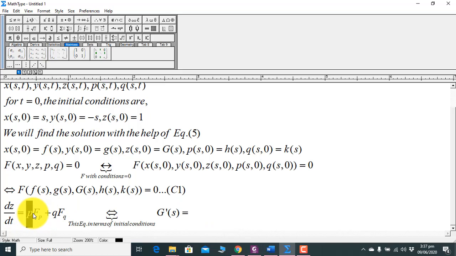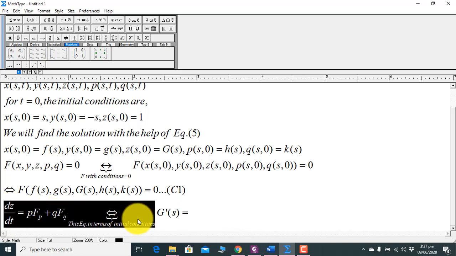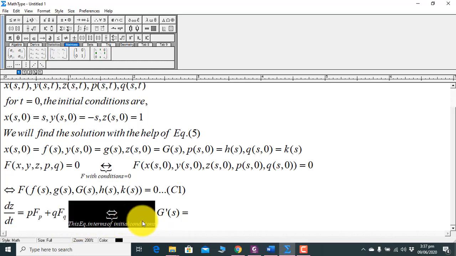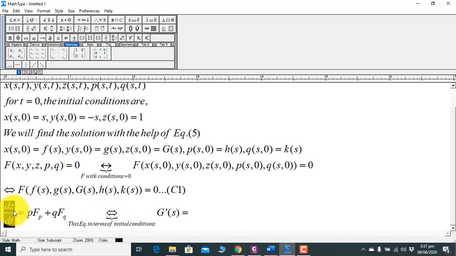Because we are writing this whole thing in terms of conditions. The condition of Z is G, but we are taking the derivative, so this will be G prime. What is the name of the condition P? It has the name H of S.